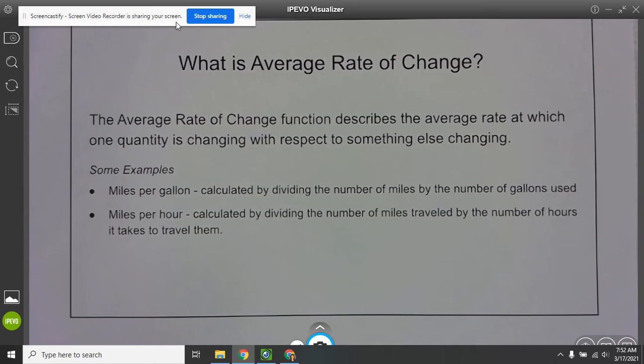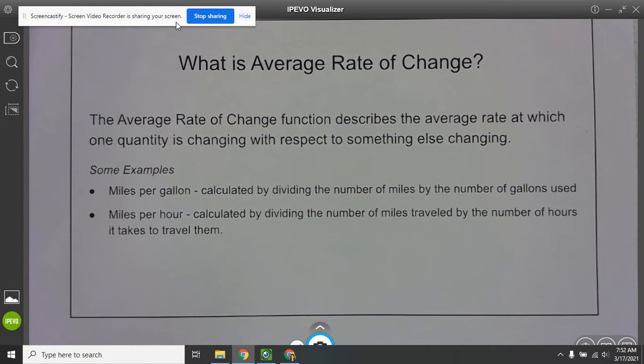So average rate of change describes in general how one quantity changes with respect to the change in something else. So miles per gallon, miles per hour, population, people per square foot or people per square mile. Those are also measures of average rate of change.